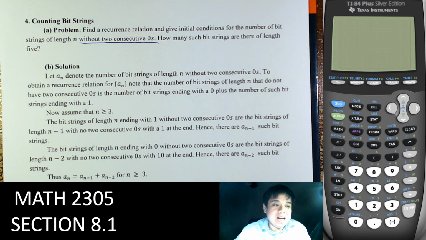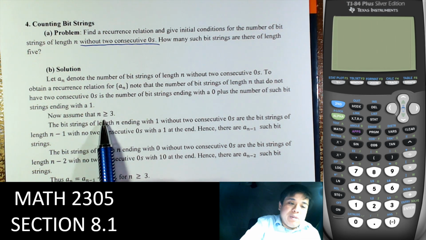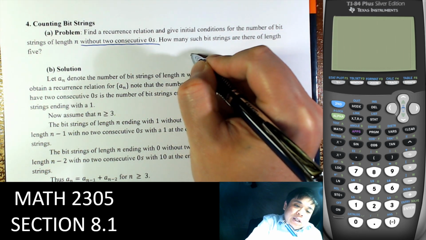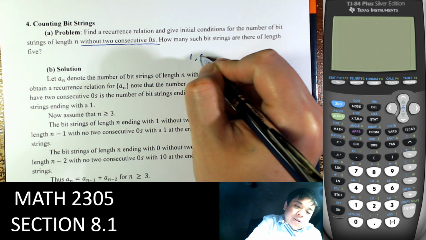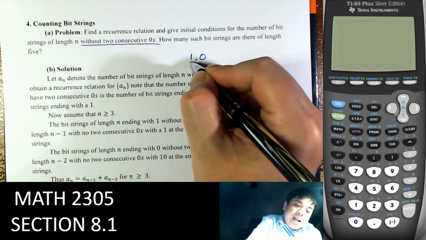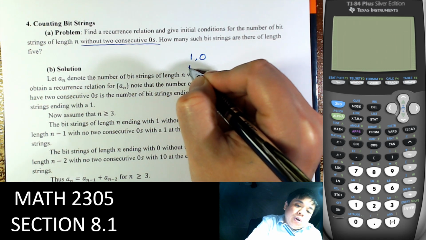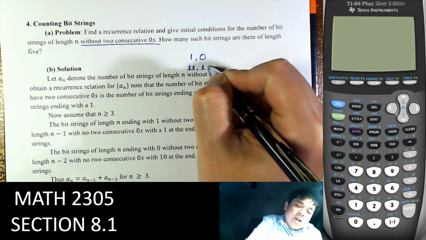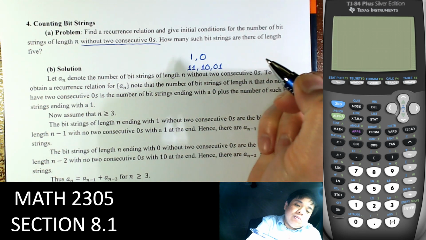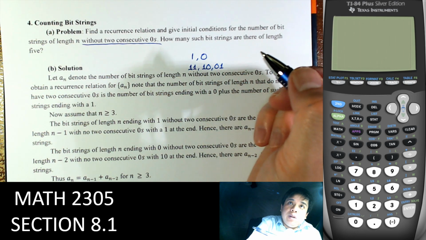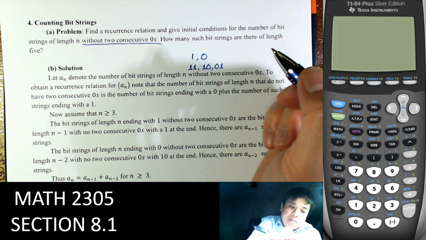Now this is interesting. Now assume that n is greater than or equal to 3, because if we have length 1, it could be 1 or 0. If we have length 2, it could be 11, 10, 01. Of course 00 doesn't count, and so on.